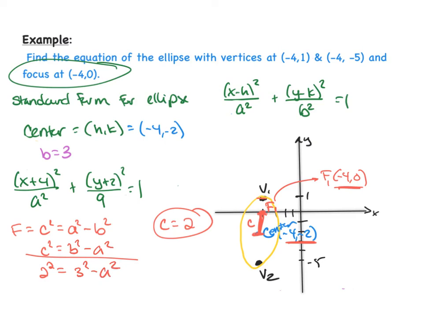So now watch what happens. I did this on purpose. If we pick, quote, the wrong value or formula for our c, we have 4 equals 9 minus a squared, which is going to give us, subtracting 9 from both sides, -5 equals -a squared.